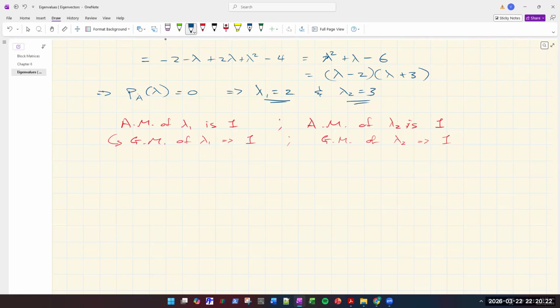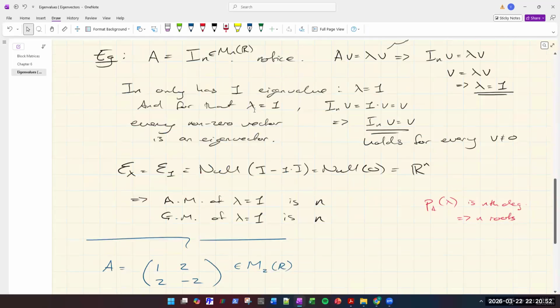Okay, but let's now try to find those eigenspaces. So let's take lambda 1 equal to 2. To get the eigenspace of lambda 1, I need to get the null space of A minus lambda 1 I. Okay, so recap. What is the null space?